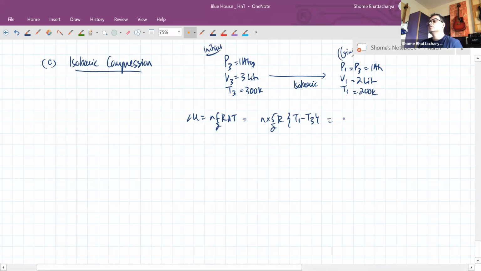So it is 5 by 2 into nRT1 minus nRT3. So we can write this as 5 by 2 (P1 V1 minus P3 V3). But P1 is equal to P3 is equal to P, suppose.